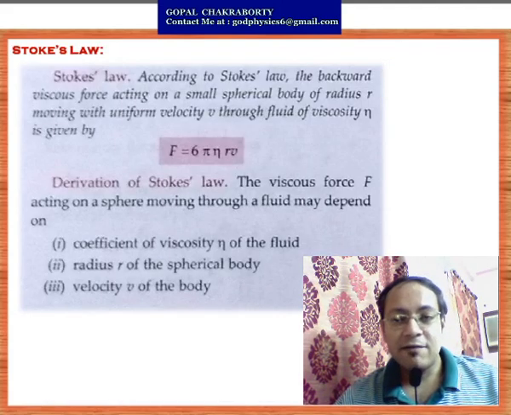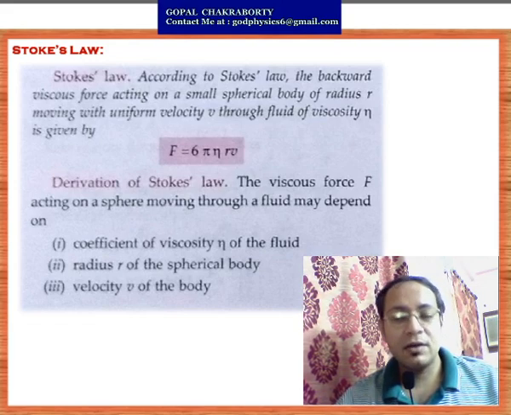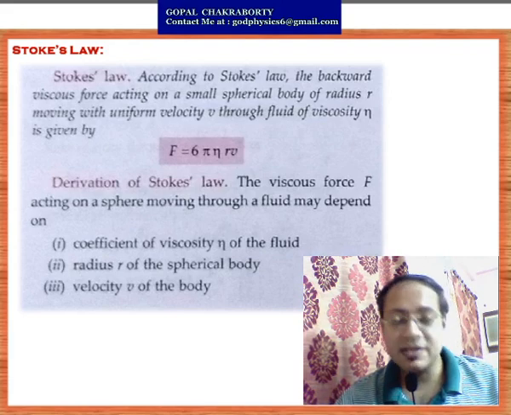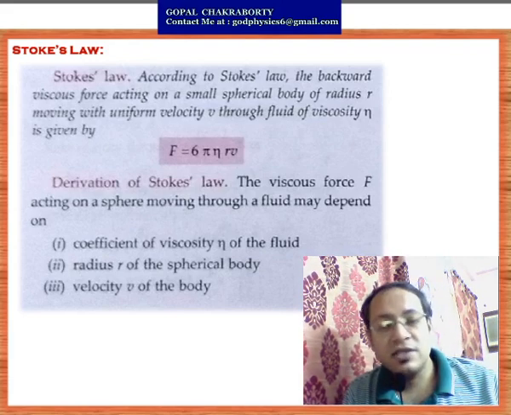Now a very important law, which is basically on this viscous dragging force, is Stokes Law. So what is Stokes Law?